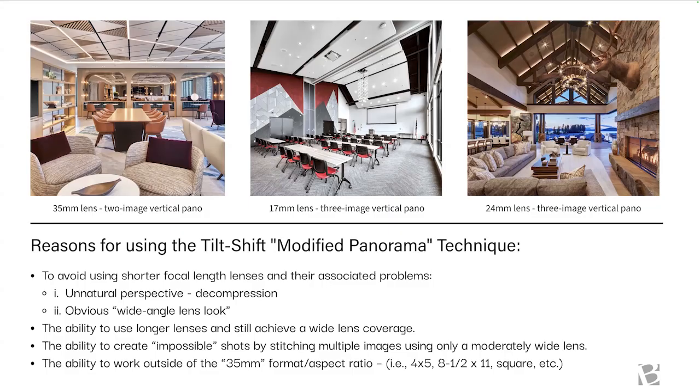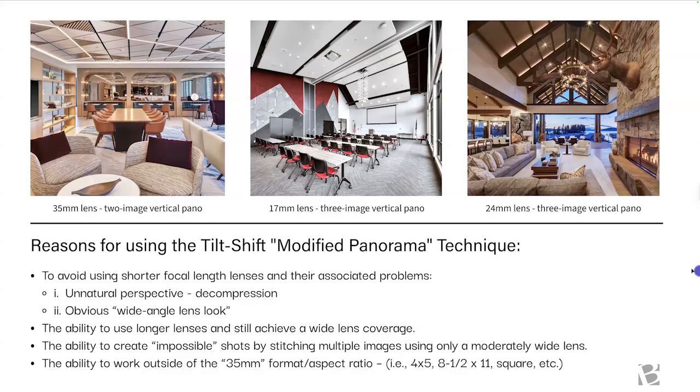And then this middle one here is a 17 millimeter lens that I've stacked 3 images vertically in a panorama, to give an image that I probably would have needed something in the order of maybe an 8 or a 10 or a 12 millimeter lens to get that shot.